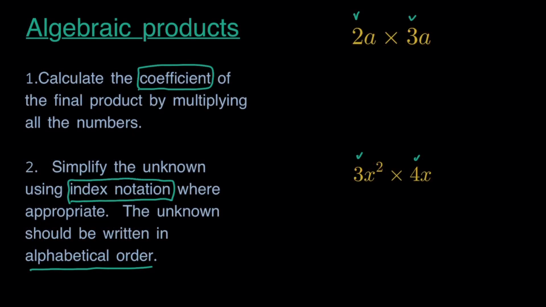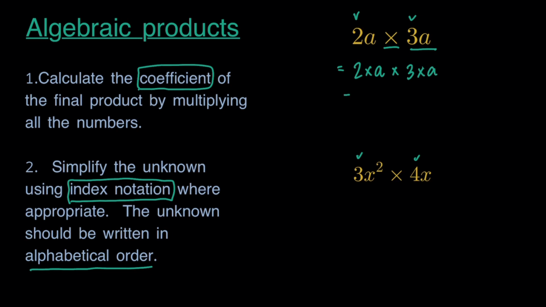To simplify algebraic products, I first need to calculate the coefficient. So I'm going to rewrite 2a times 3a. 2a means 2 times a, so I'm going to write 2 times a, times 3a means 3 times a.